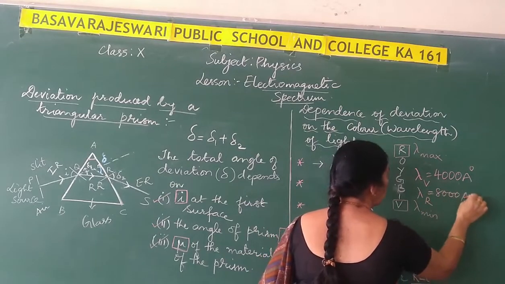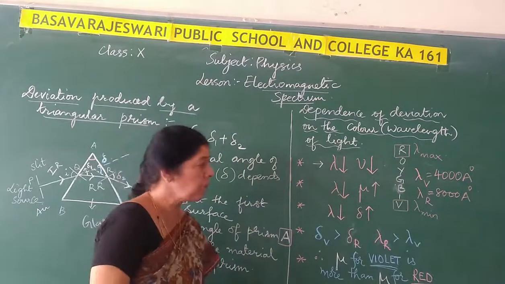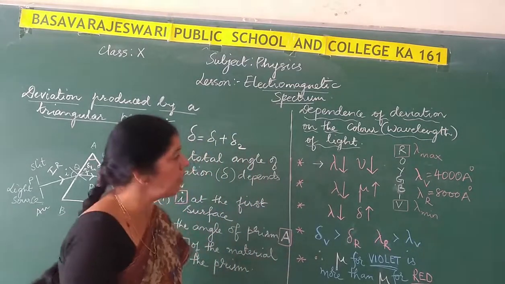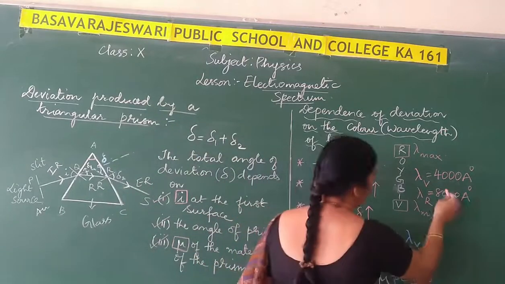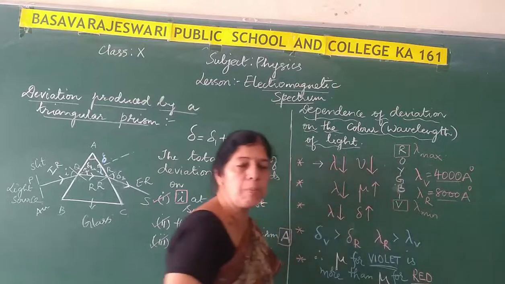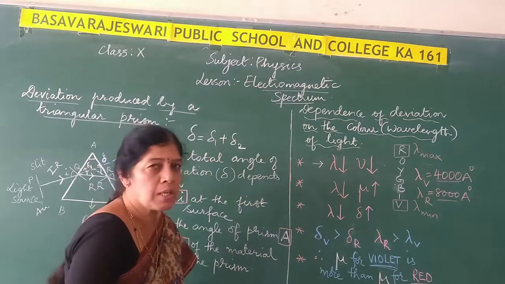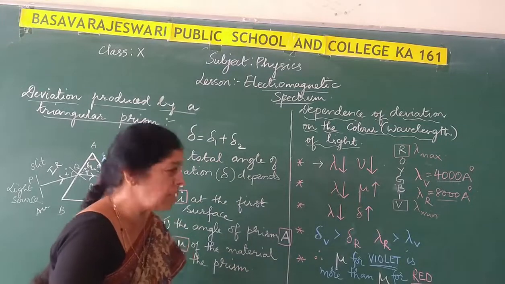So, visible light has 7 colors, violet to red, and the range of wavelength for visible light is 4000 angstrom units to 8000 angstrom units. 4000 angstrom units is for violet light, whereas 8000 angstrom units is for red light.